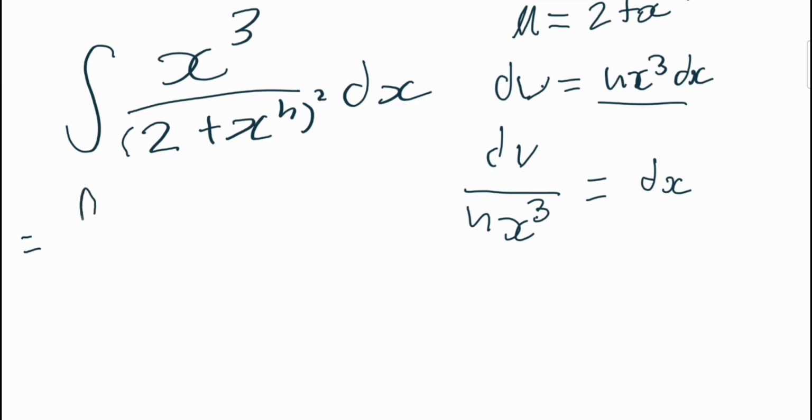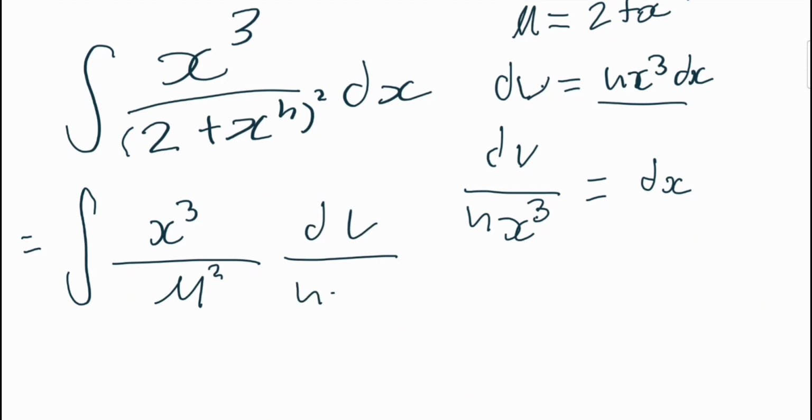So now we're going to plug our u and du over 4x cubed into this equation. So the indefinite integral of x cubed over u squared du over 4x cubed.